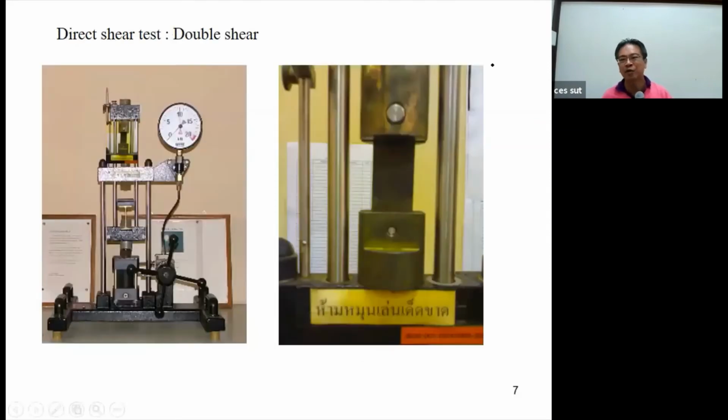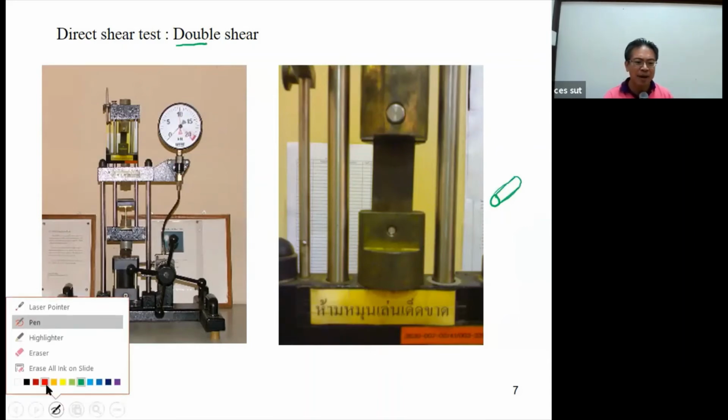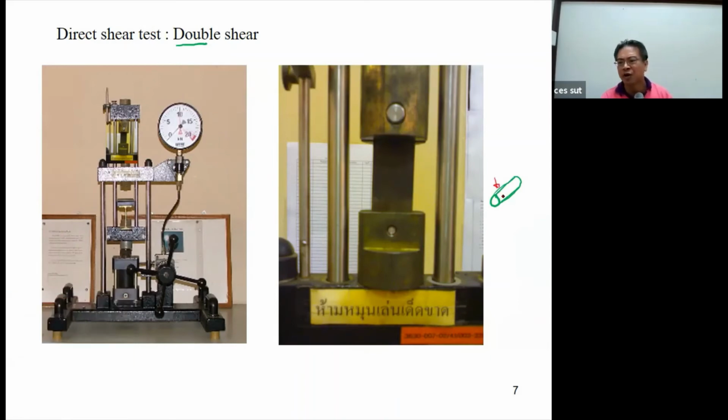Okay, come to the test. Let me start with the double shear of the metal. So the first step, you will have the metal specimen, maybe the brass, the copper, or maybe the aluminum. You use the vernier, measure the diameter of this one.